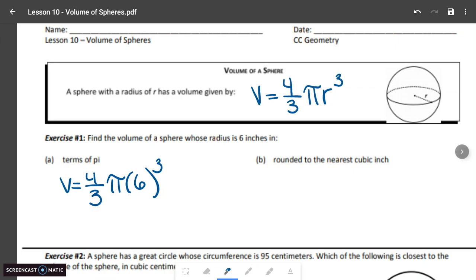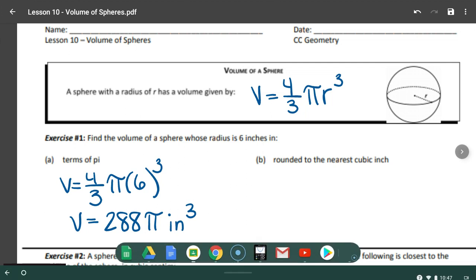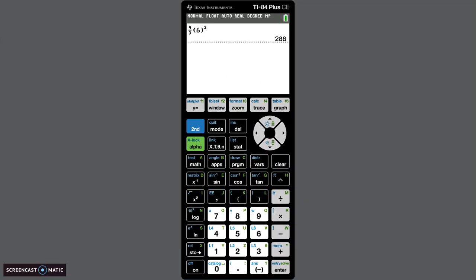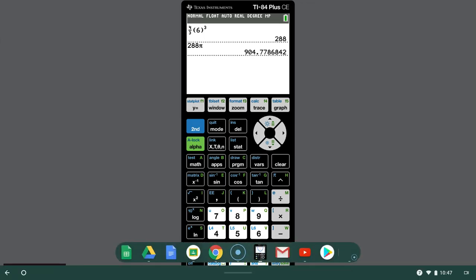So that is 288 pi inches cubed. Now over here in part B, if it says to round to the nearest cubic inch, that's different. Now we take that 288 and we multiply it by pi. So we get 905 when we round to the nearest cubic inch.